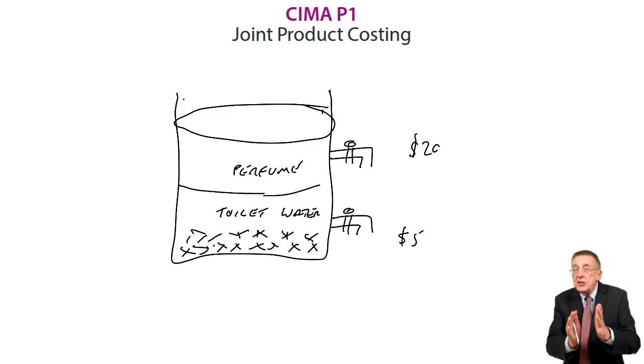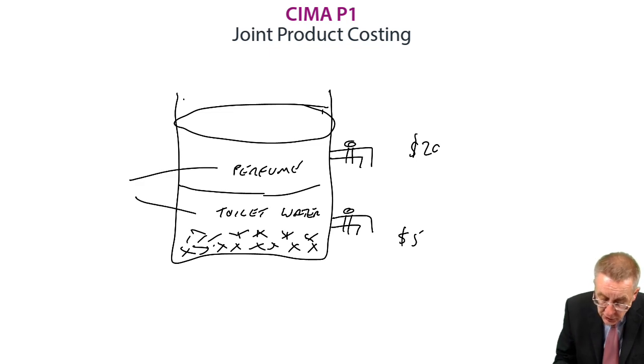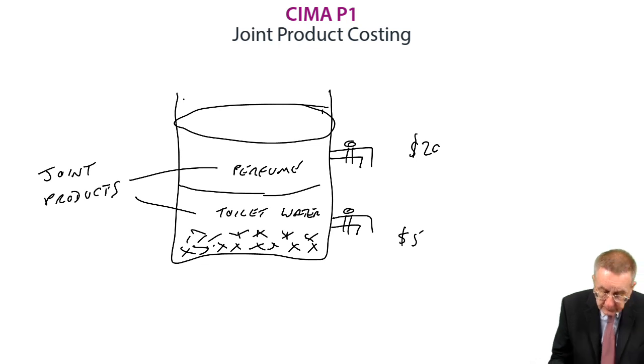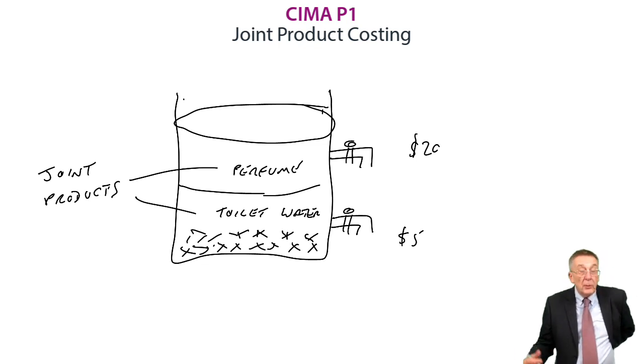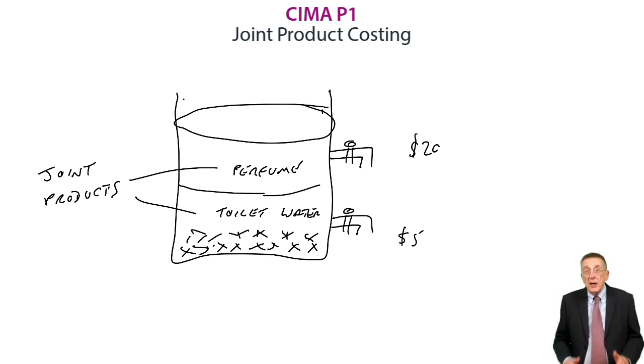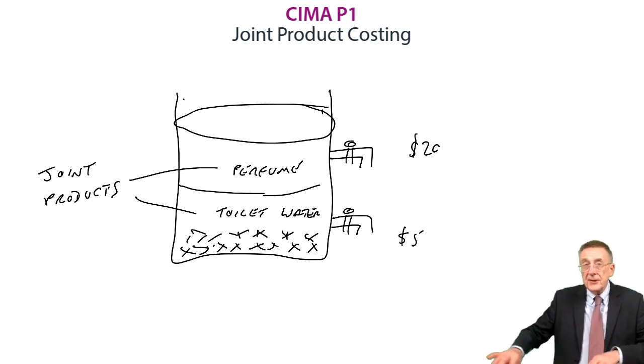Then the costs are shared between them. Well, we call these joint products. Joint products is when you're making two or more products, but in the same process. You can't identify the costs of one, the costs of the other.